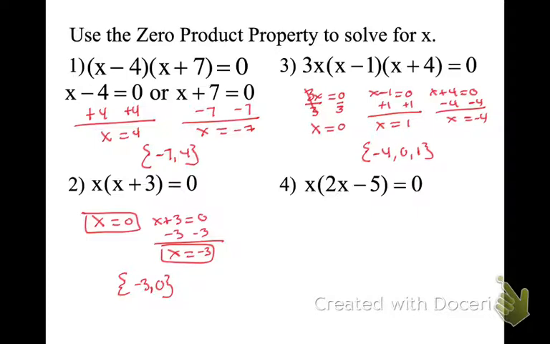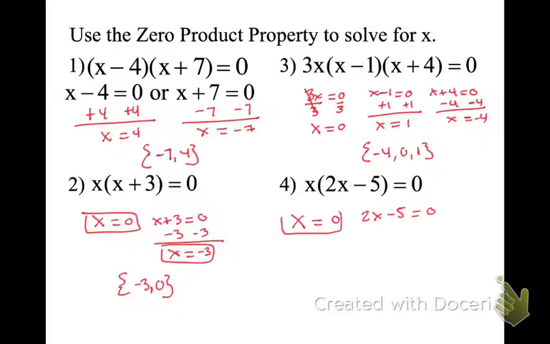Okay? And remember, these solutions do not go in parentheses. Okay, now this last one, let's take a minute and see if you can try that one on your own. Now let's check our work. x equals 0 and 2x minus 5 equals 0.